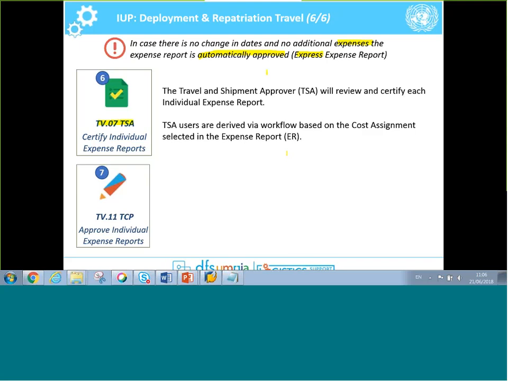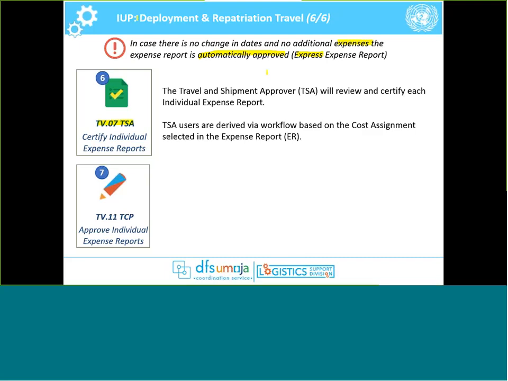And they will not be granted access to the employee service. But you can still deploy them individually. So the deployment and repatriation travel also works for M1 or M5. The only difference is that they will not have access to the portal to raise their own travel request for within mission and non-commercial travel.